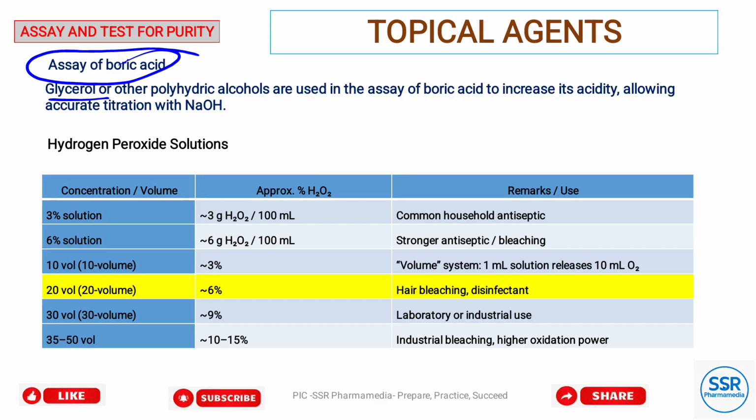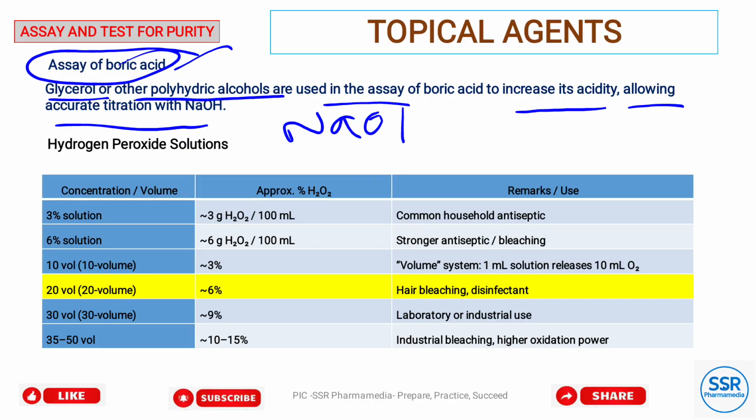Glycerol or other polyhydric alcohols are used in the assay of boric acid to increase its acidity, allowing accurate titration with sodium hydroxide. Because boric acid is a weak acid, a weak acid cannot be titrated with a strong alkali like sodium hydroxide. It leads to a poor endpoint.